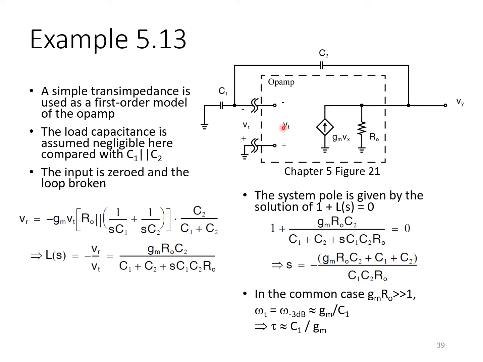We've assumed that the op-amp input impedance is very high compared to the other impedances connected to this node. And so the analysis is pretty simple. If we apply a test voltage on this side of the break, then over here we've simply got GM times the test source, and that's driving a combination of RO and the voltage divider C2 over C1 plus C2.